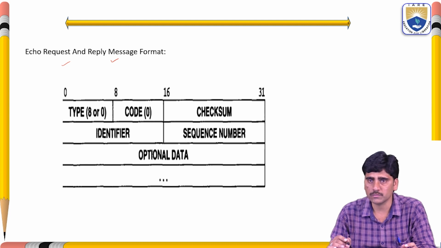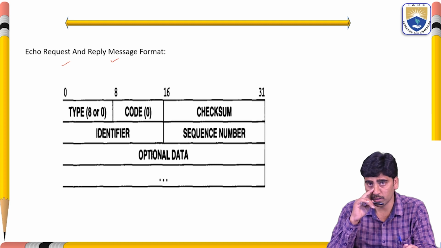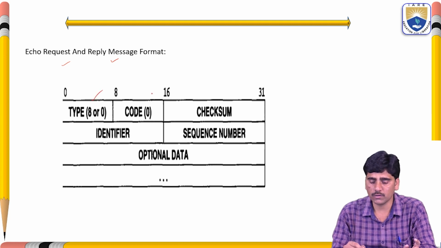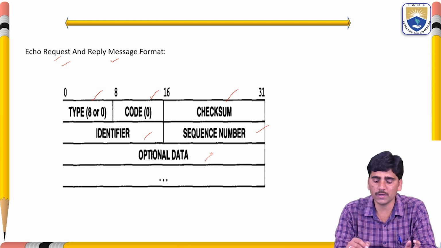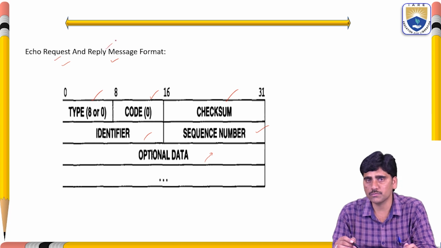Echo request and echo reply messages also have certain fields: type, code, checksum, identifier, sequence number, and optional data. The type indicates the type of the message format, whether it is echo request or echo reply message format.